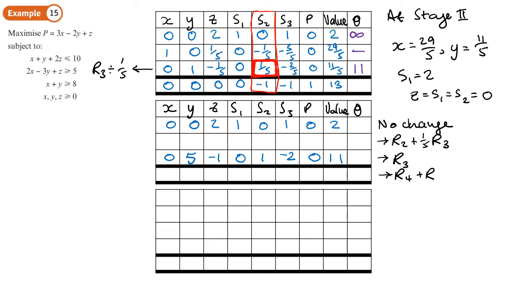So in row 2, once we've done our operations, we'll now get 1, 1, 0, 0, 0, -1, 0, and a value of 8. And in our new row 4, once we've done our operations, we'll have 0, 5, -1, 0, 0, -3, 1, and a value of 24.